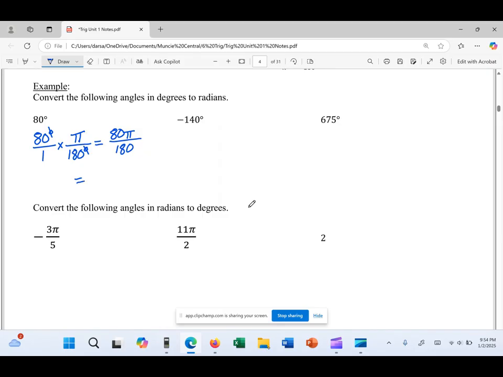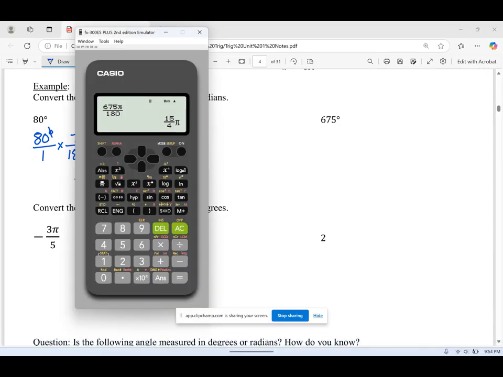To finish this off, we need to put it in our calculator. So in order to get this finished, we're going to use our fraction button, and we're going to type 80 and then the shift button and the times 10 to the x button, which is where that pi is. You can see that right there. We're going to put that over 180. We'll type that 180.